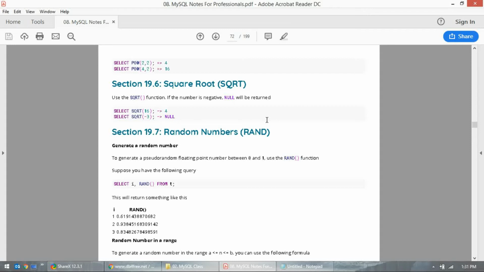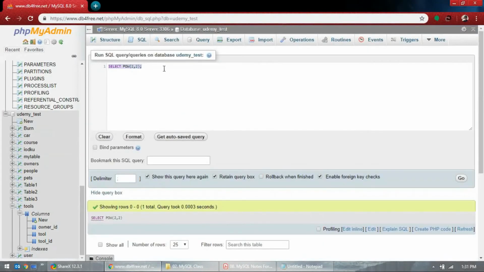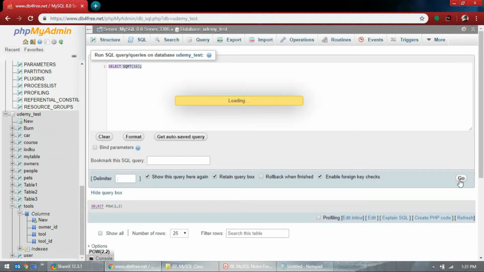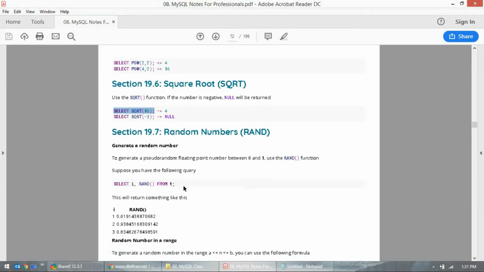And you can use square root too in SQL. Square root of 16, use this. Square root of 16 is 4.